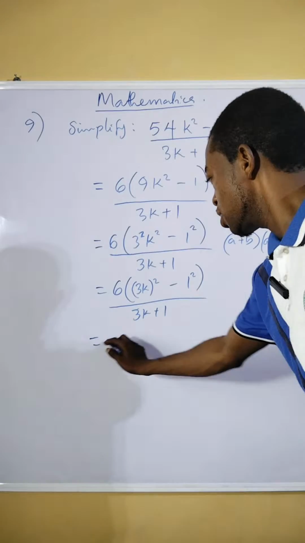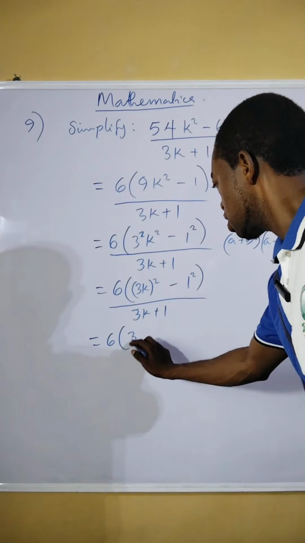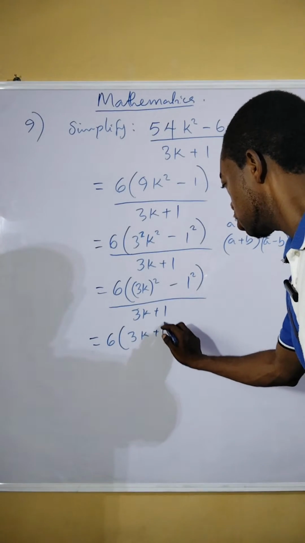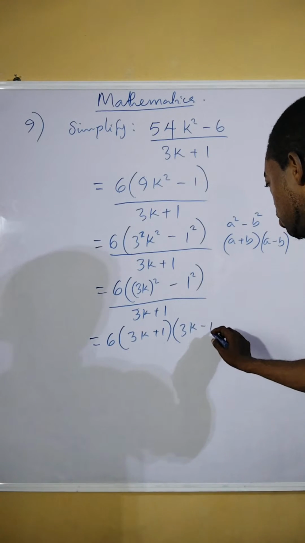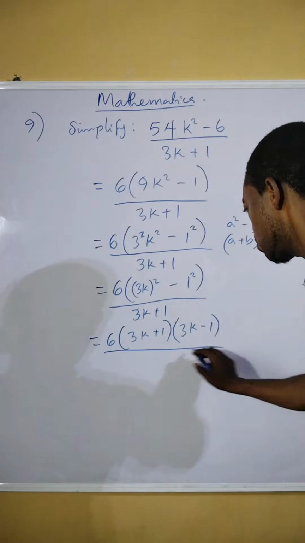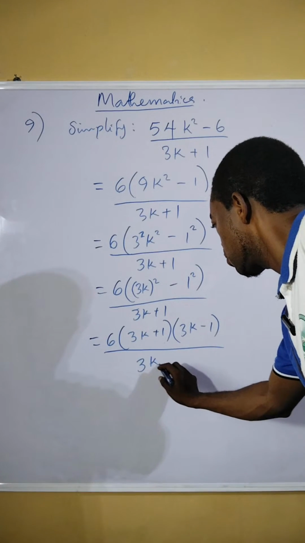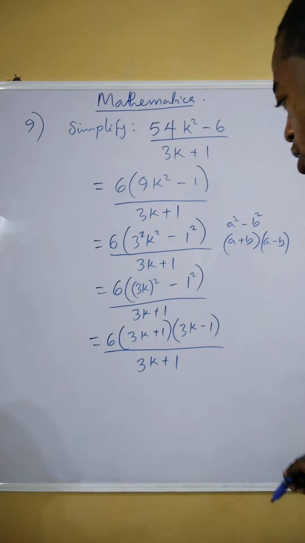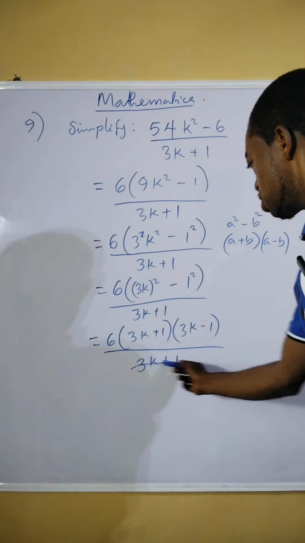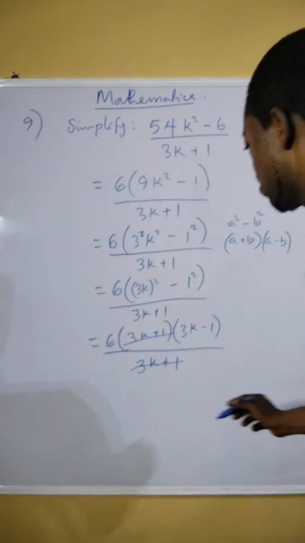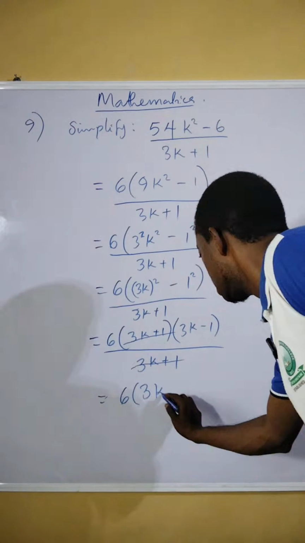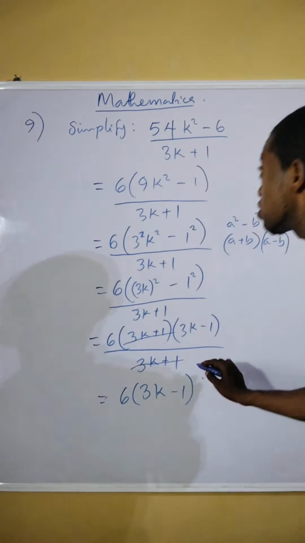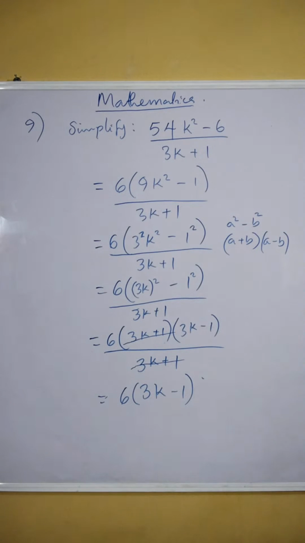So here we have 6 into bracket 3k plus 1, also into bracket 3k minus 1, then over 3k plus 1. We can now cancel this 3k plus 1. What we have left is 6 into bracket 3k minus 1. So that's the simplified form of what we have up there.